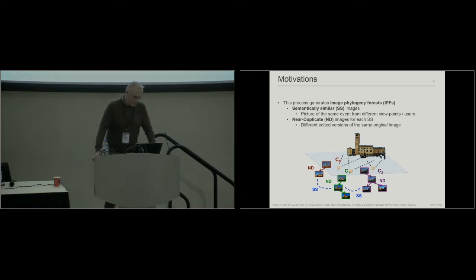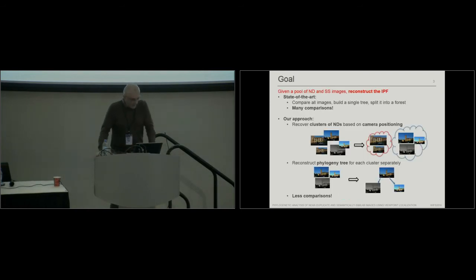It is necessary to use what is called a phylogeny forest, in the sense that each subblock of images that can be considered near duplicated objects must be described by a different phylogeny tree. The ensemble of all these phylogeny trees constitutes the phylogeny forest that describes the entire set of images that we have.